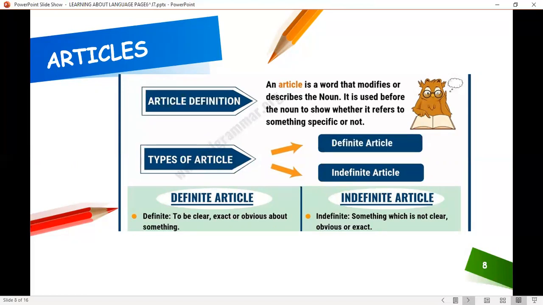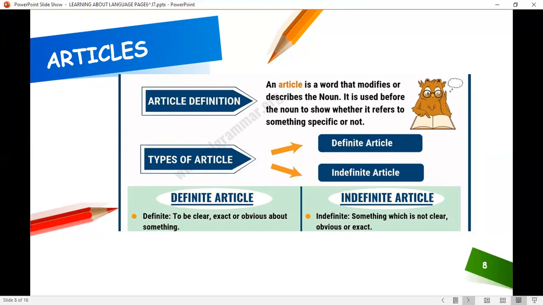It is used to show that either the noun is referring to something specific or not, कि कोई चीज खास है या नहीं है, हमें ये आर्टिकल बताते हैं. Let us see how they tell us that something is specific or not.